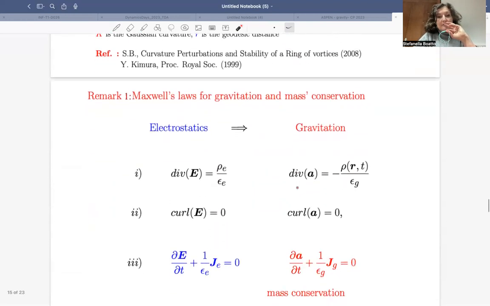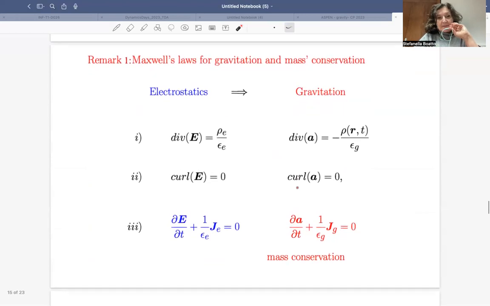And just as a remark, I think that after doing electromagnetism, gravity should be reviewed. This is actually very similar to electrostatics.